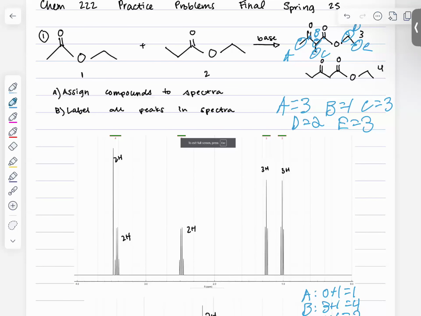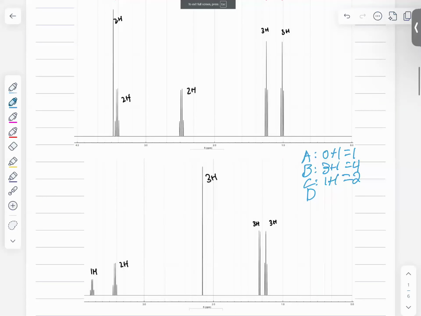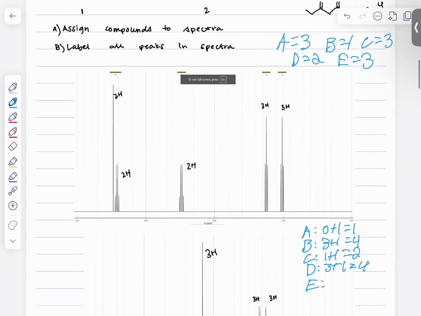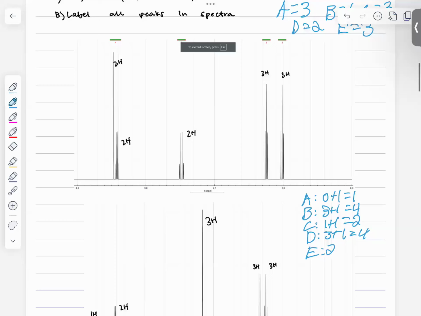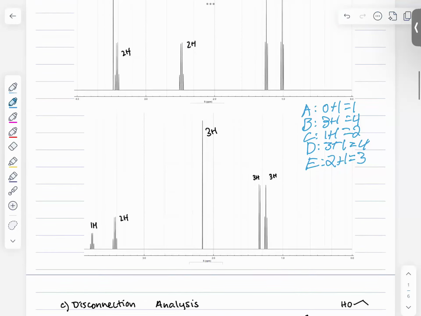D's carbon next to it has 3, so 3 plus 1 is equal to 4, and then E, the carbon next to it has 2, so it's 2 plus 1, 3. So those are going to be your multiplicities. That's how many peaks your signal has.